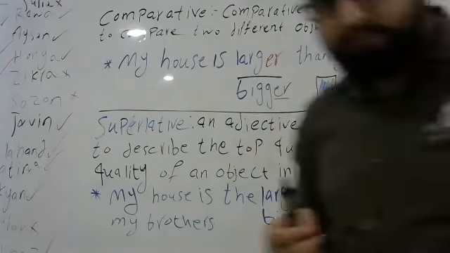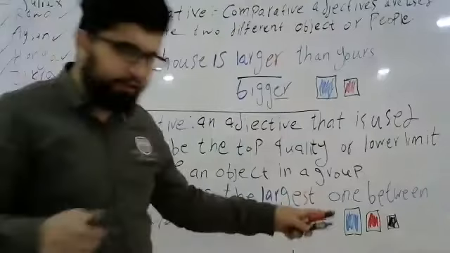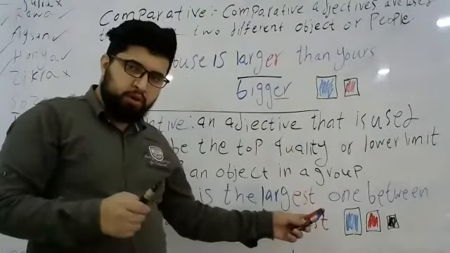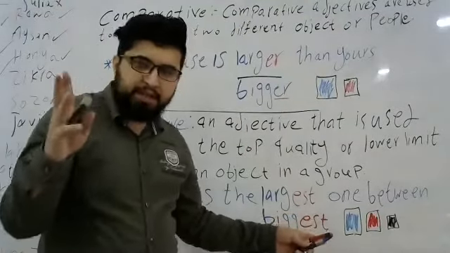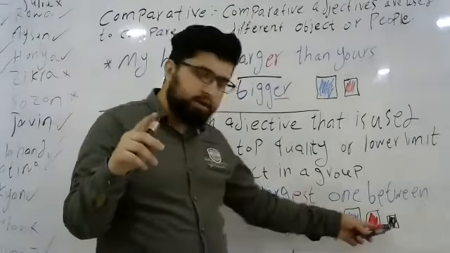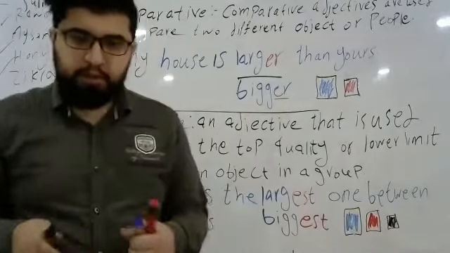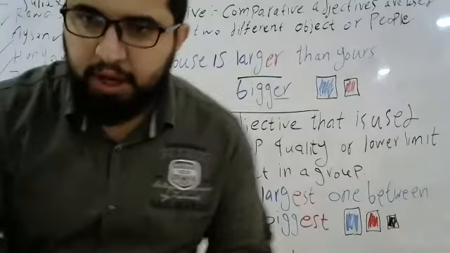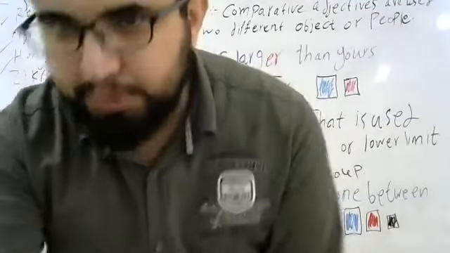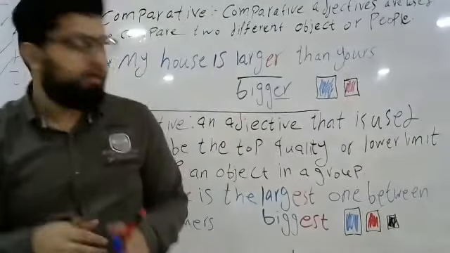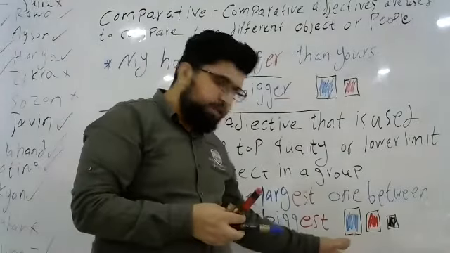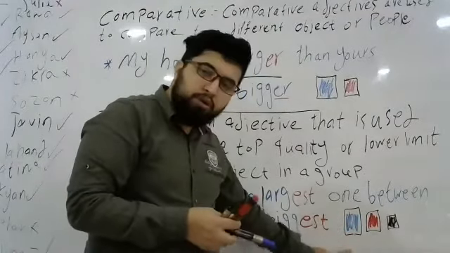Okay? You can see that here. So we have three. We can't say that this is bigger than red. But what about the black one? Okay? So in this case, we will use superlative. Don't forget that.